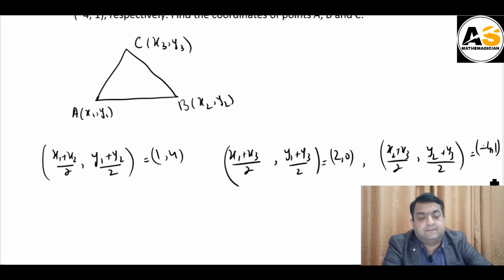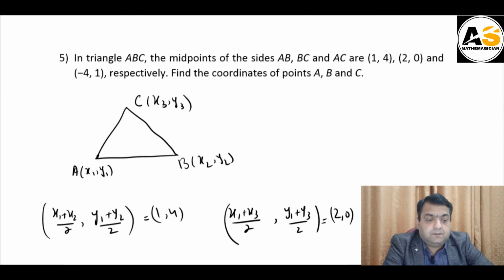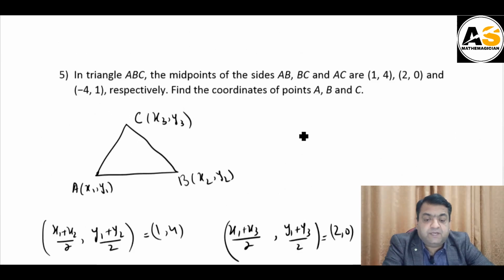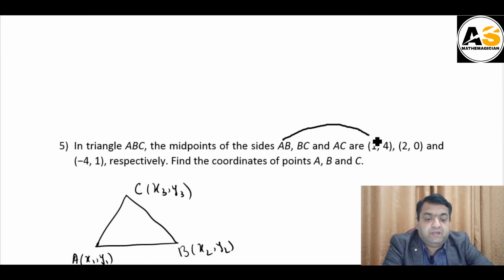How did I get this? Actually, this 1, 4 is basically the midpoint of AB.